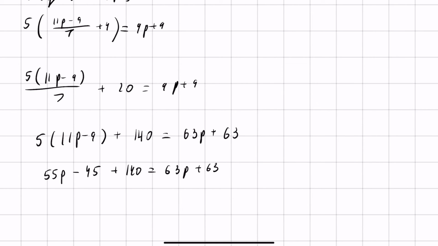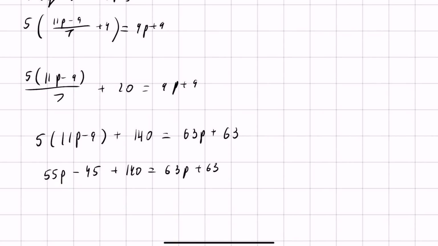I'll move 55p to the right side, so we have positive numbers, because if I move 63p to the left, that's going to give me a negative, and that's harder to work with. So let's move 55p to the right and 63 to the left.